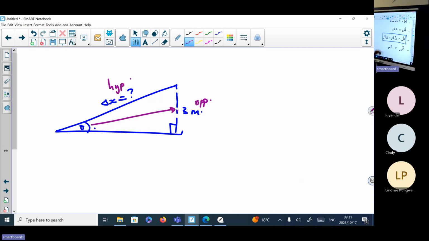So if I've got opposite over the hypotenuse, that is a ratio defined mathematically as the sine of the angle of inclination, which will be 3 meters divided by delta x. Therefore, we need to find the displacement that the object will move. Once we have delta x, we can easily find this. That is our goal now, that is our mission, to find that.